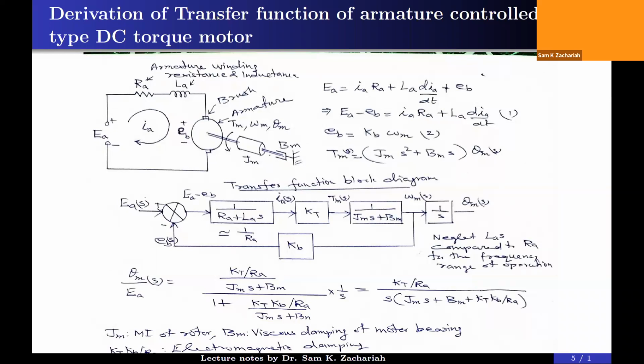Friction has a viscous damping portion as well as Coulomb friction. For the time being, assume there is no Coulomb, only viscous damping portion. So it's Bm. Then it can have stiffness also, but that is not considered here. So this is the overall electrical mechanical equivalent circuit of an armature control brush type DC torque motor.